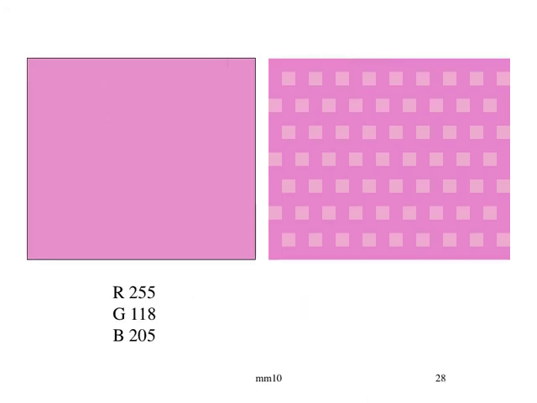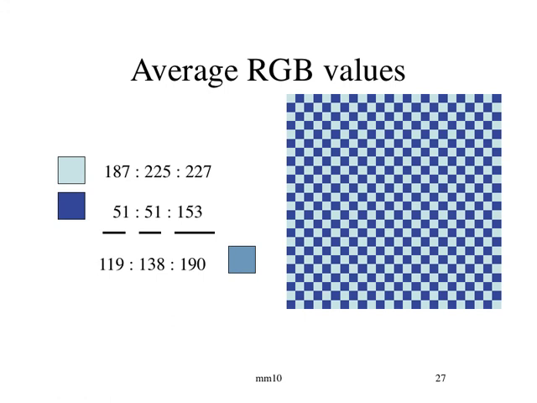So let's go back to this here. In this chessboard pattern, you've got 1 light blue and 1 dark blue. And the light pixels have this RGB value, and the dark pixels have this RGB value.